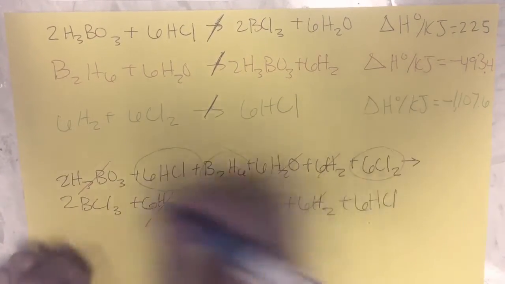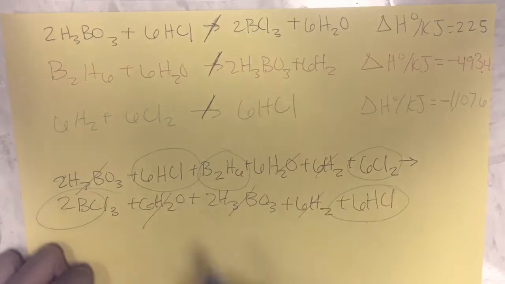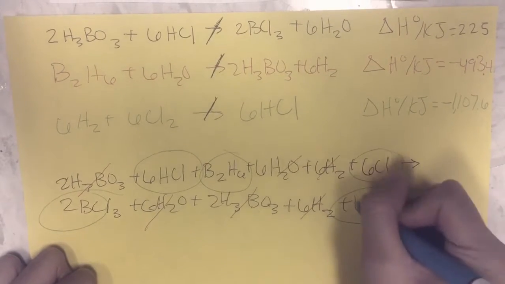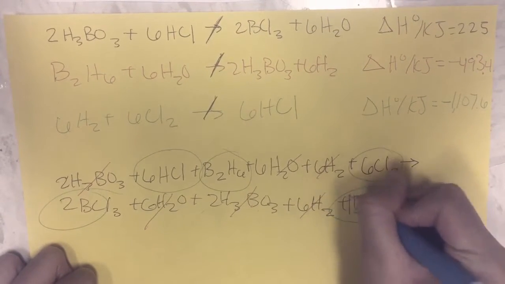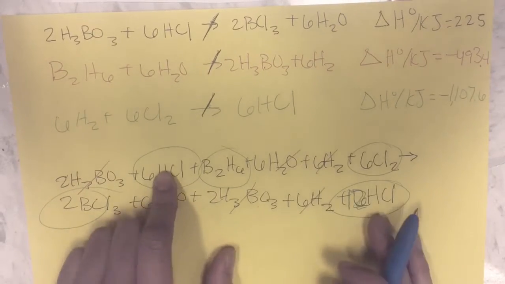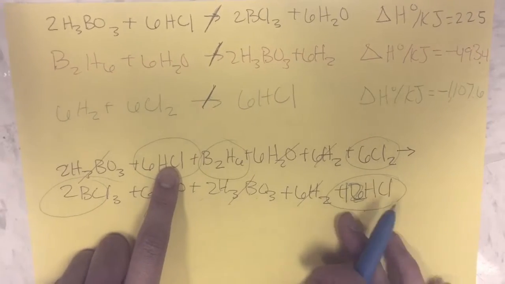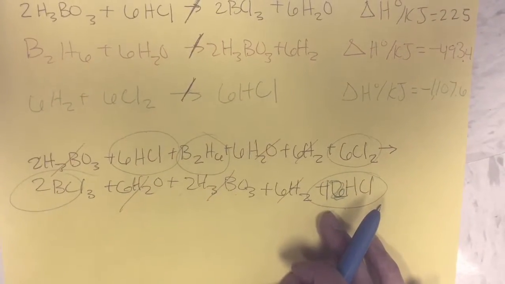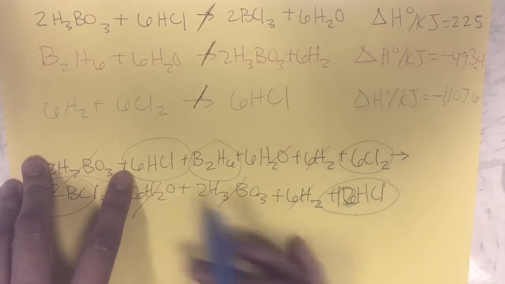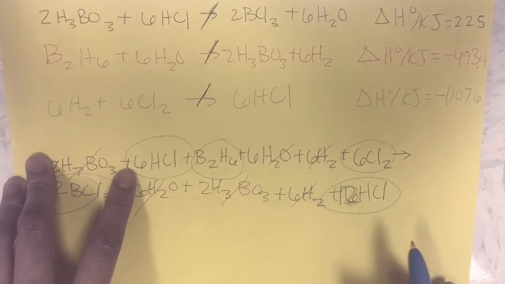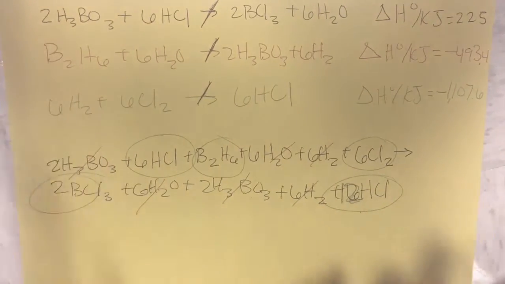Now, you may be thinking, why is there 6 HCl here and 12 HCl here? Well, since you've got the same compound on each side, you would need to subtract. If it were another case where it's on the same side, you would just add them together, and it would equal 18 instead. But since this is on opposite sides, you just subtract.